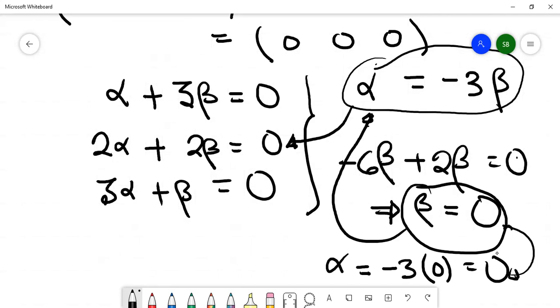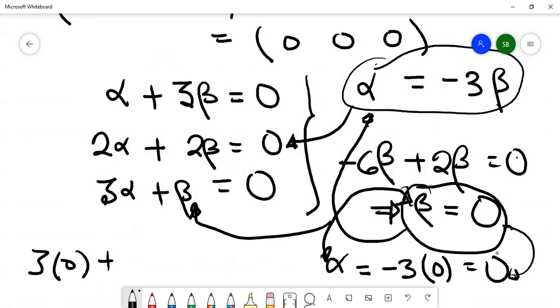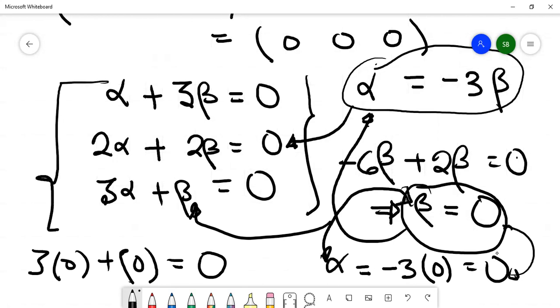If you substitute alpha and beta in, we have 3 times 0 plus 0, which gives us the right-hand side, showing that the equation is consistent. It has a solution.